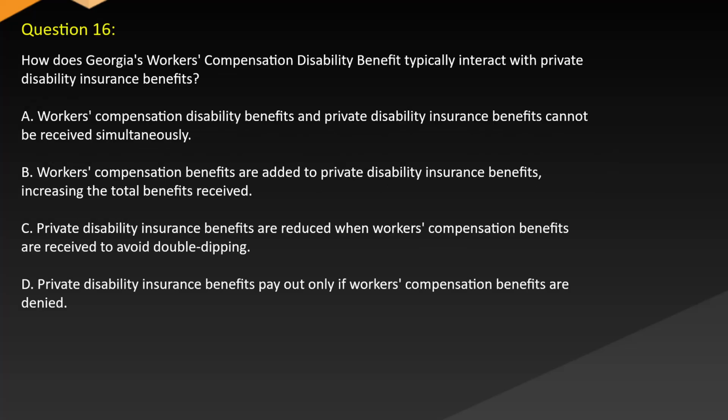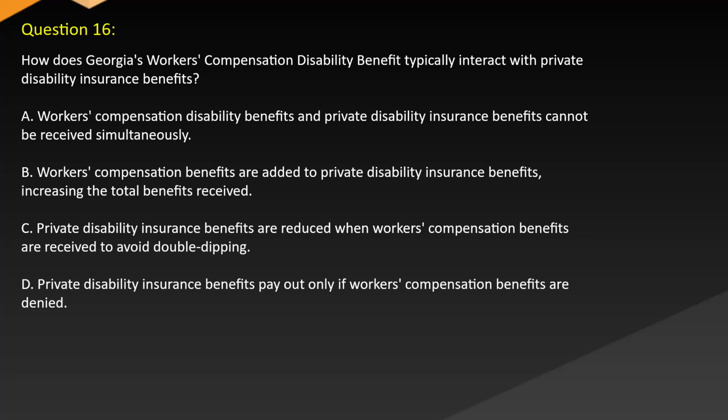Question 16. How does Georgia's workers' compensation disability benefit typically interact with private disability insurance benefits? A. Workers' compensation disability benefits and private disability insurance benefits cannot be received simultaneously. B. Workers' compensation benefits are added to private disability insurance benefits, increasing the total benefits received.